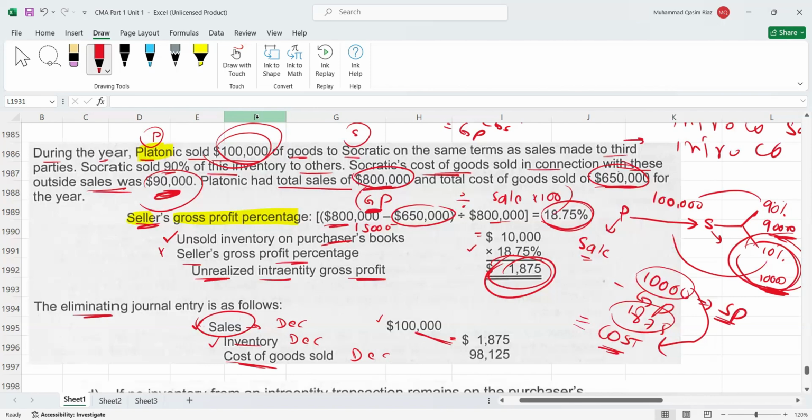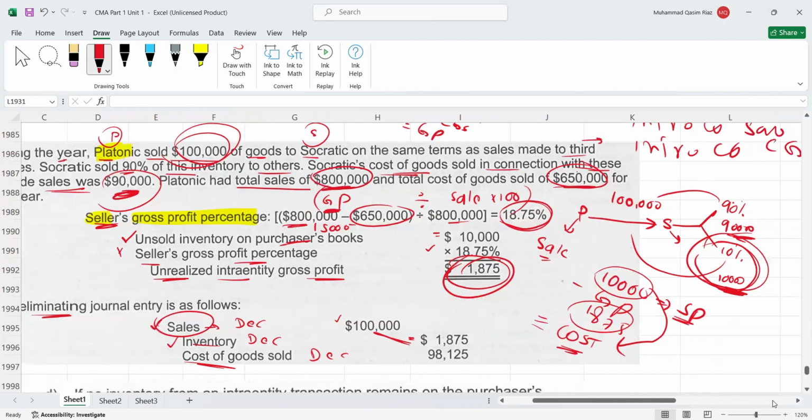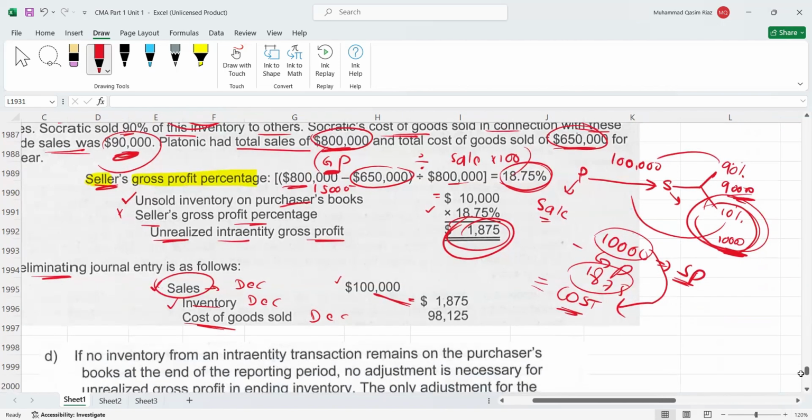Now, once we prepare the consolidated income statement or balance sheet, for sales we write sales of parent plus sales of subsidiary minus the intra-company sale. For cost of goods sold, we take cost of goods sold of parent plus cost of goods sold of subsidiary minus the intra-company cost of goods sold.